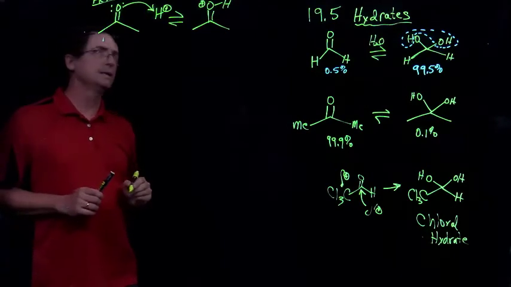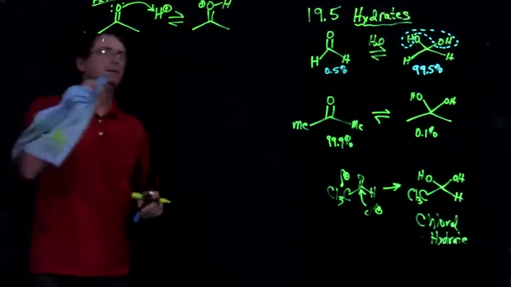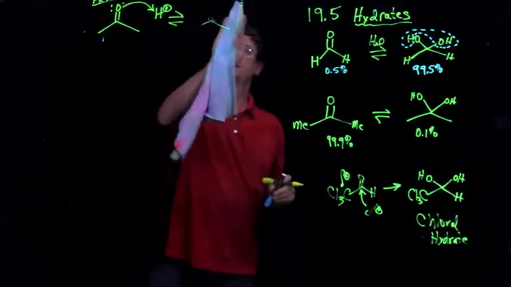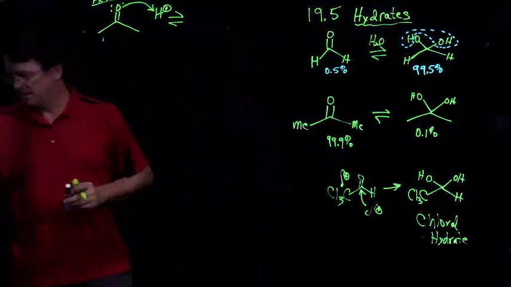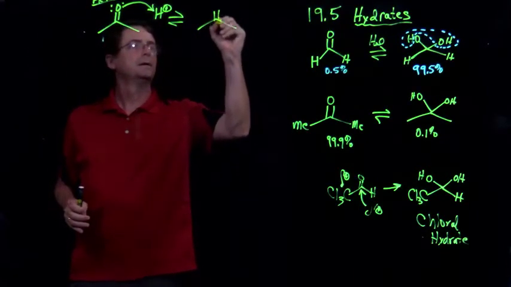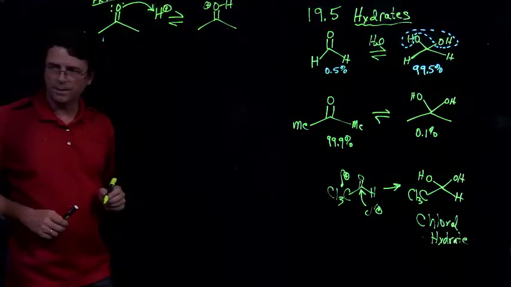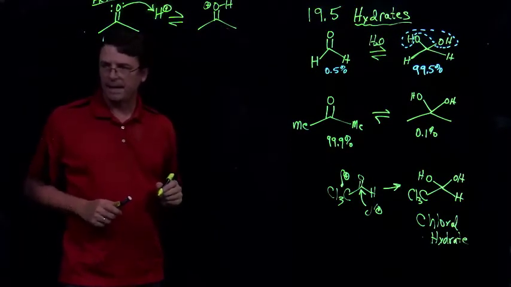And it looks like I'm sneaking up off the page there, so let me just move this slightly. Maybe my camera has moved a little on me. We make this oxonium ion, the protonated acetone.